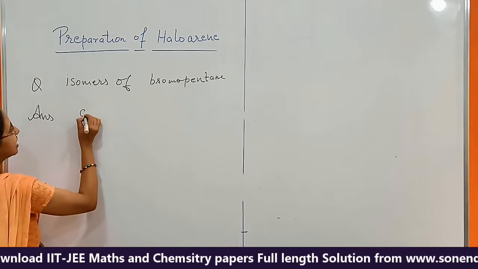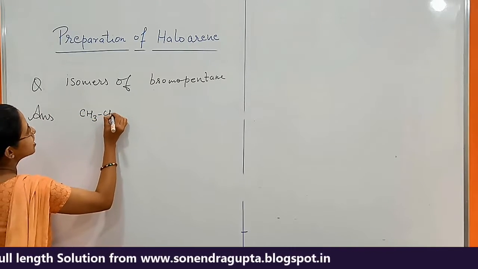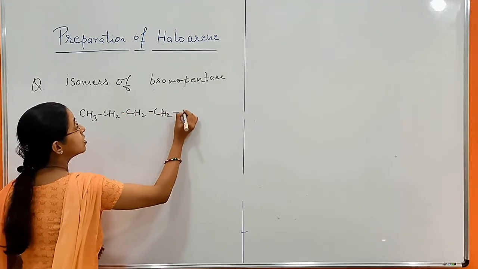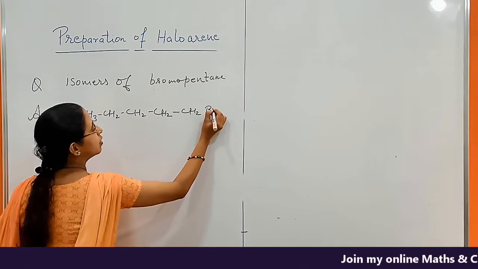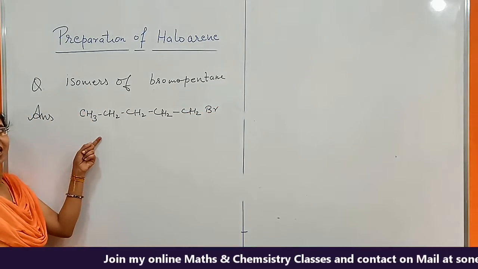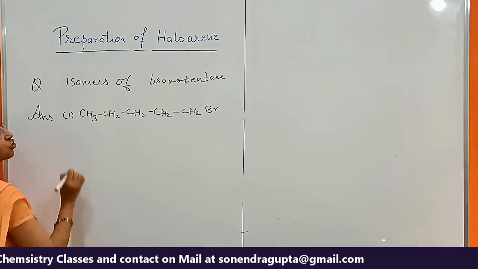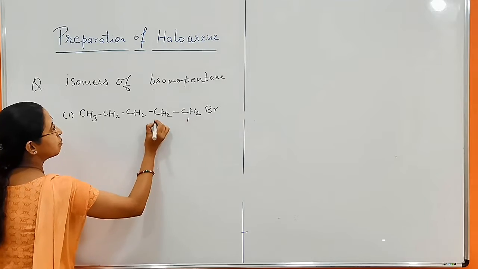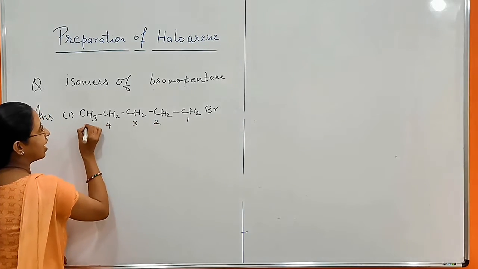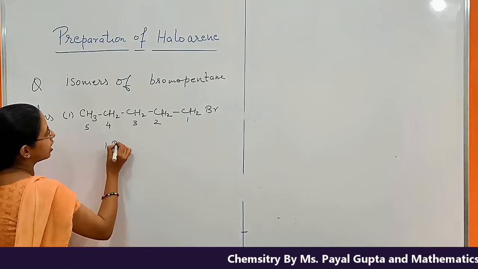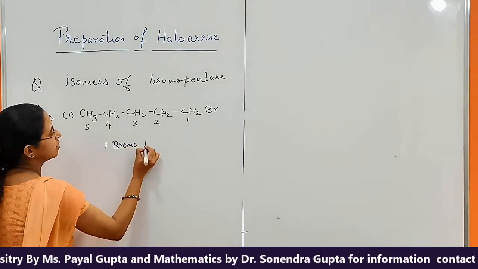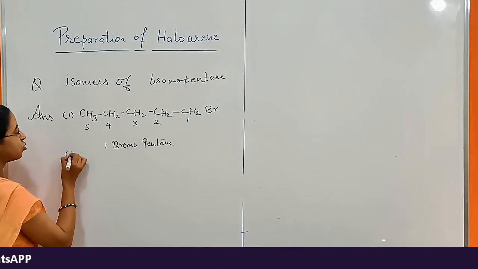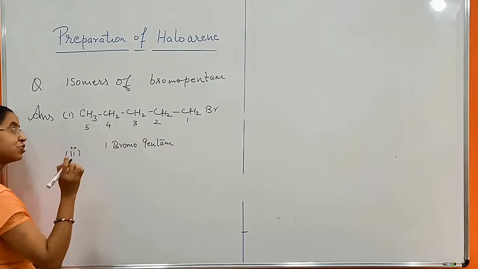Okay, so bromopentane is written as CH3, CH2, CH2, CH2, CH2, Br. Now this is the first isomer. So the name is written as 1-bromopentane. So it is first carbon, second, third, fourth and fifth. So the name is 1-bromopentane. Isomer is only possible when the IUPAC name is different.